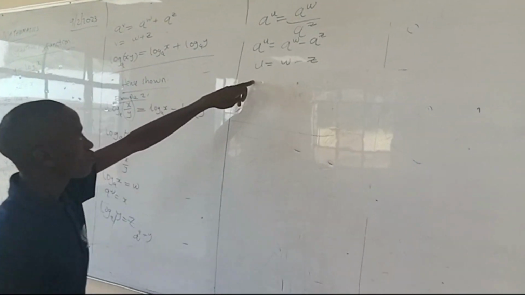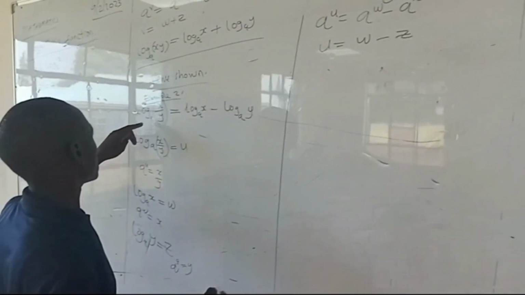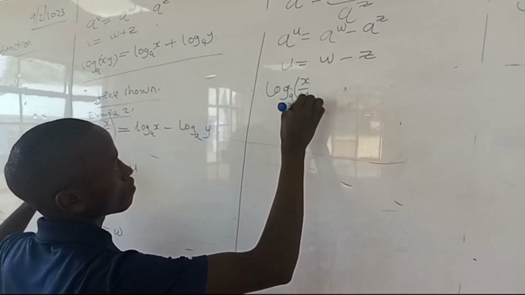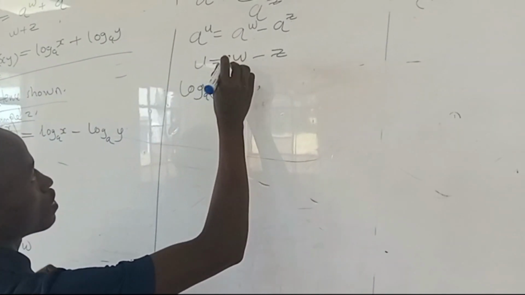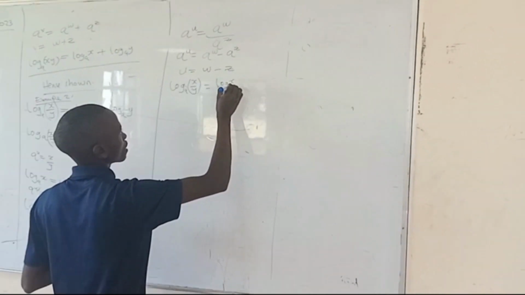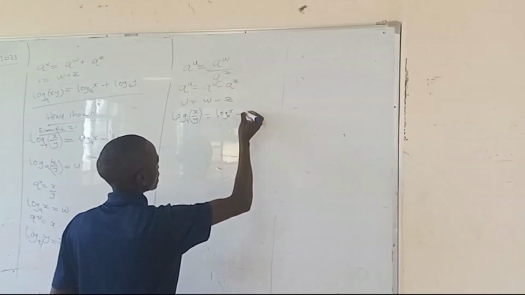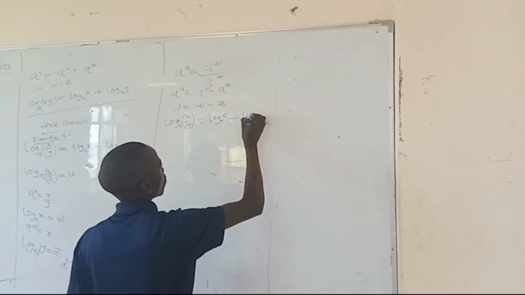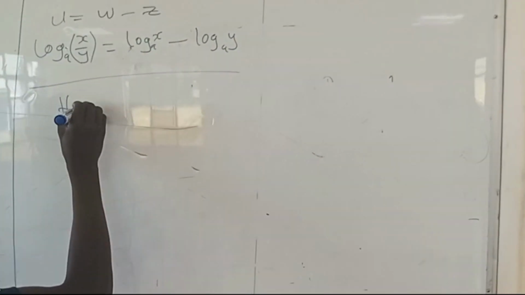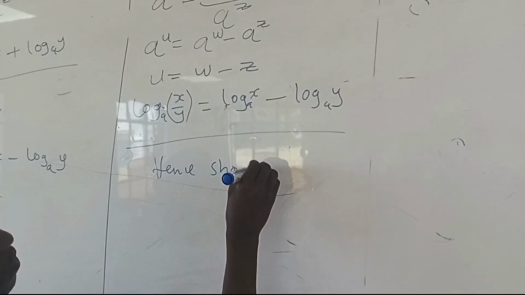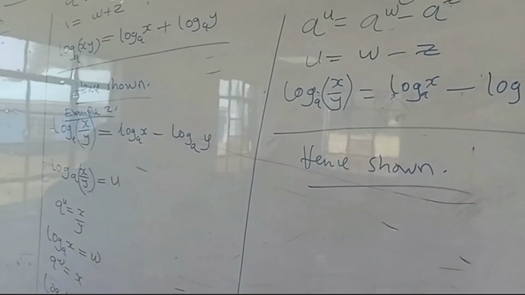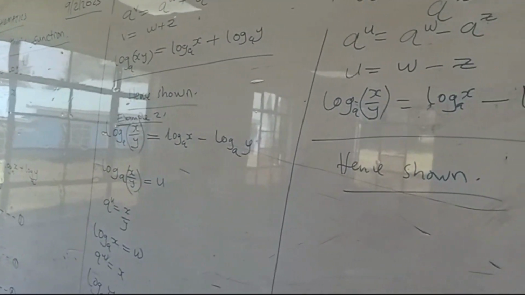What was the value of our u? We said it is log of x over y, and the value of this was log x base a minus log y also to base a. So hence shown. This is how to deal with logarithmic functions up to that point.